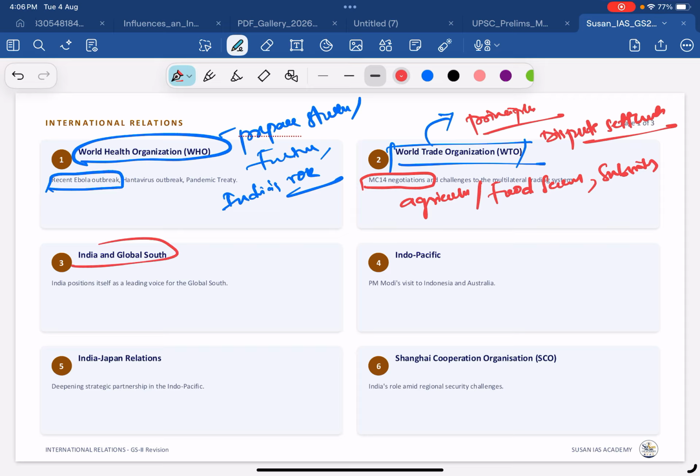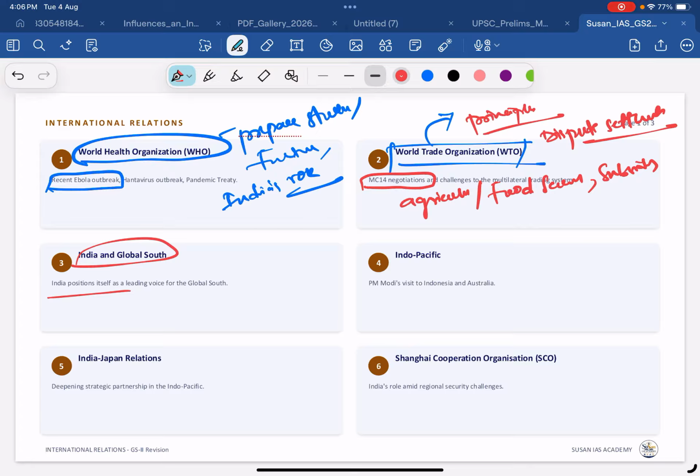So in India and the global south, prepare India's position as a leading voice for the global south. There were many articles regarding India leading the global south, so a question can be expected from global south.